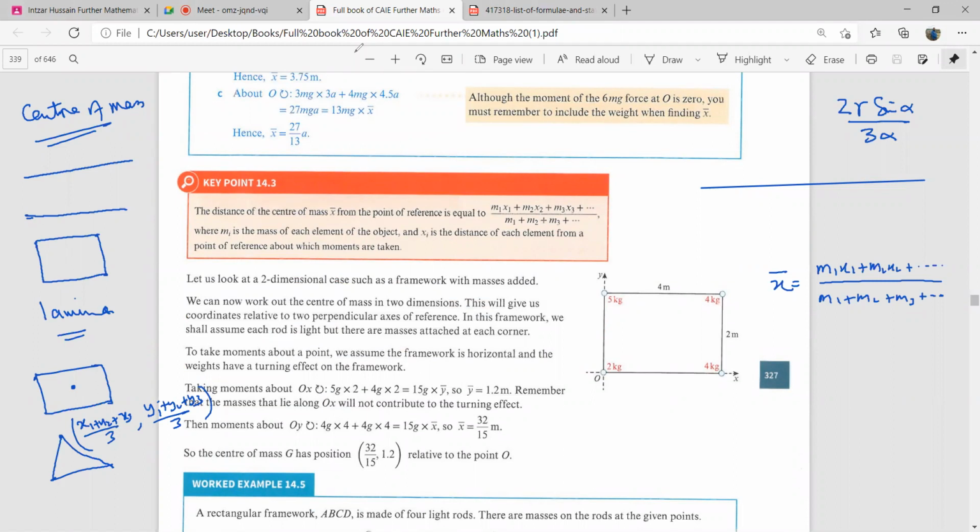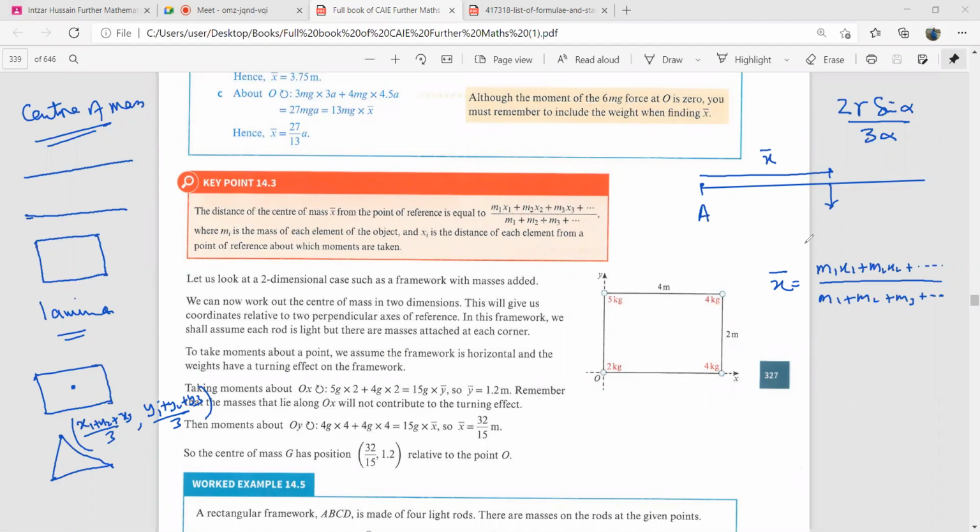Here you divide this situation into two parts because it is two-dimensional. Like you have a Cartesian plane here, so the center of mass will not just be one point. If this is the point of reference, suppose A, you were determining the center of mass from this point, somewhere over here, where all the mass is supposed to be acting.